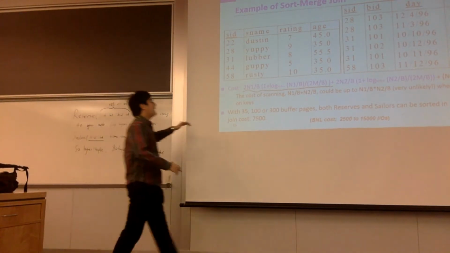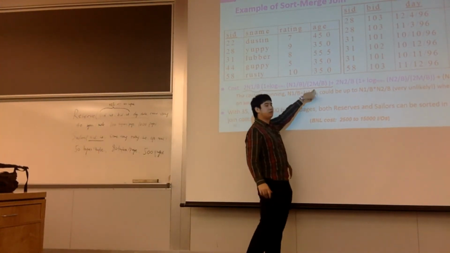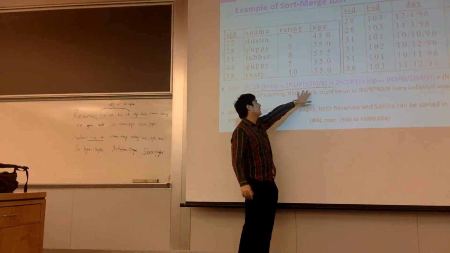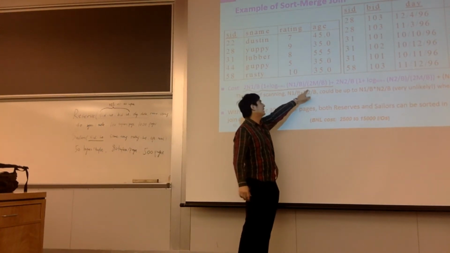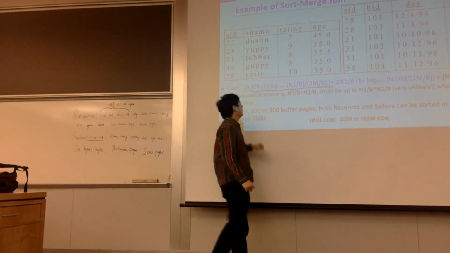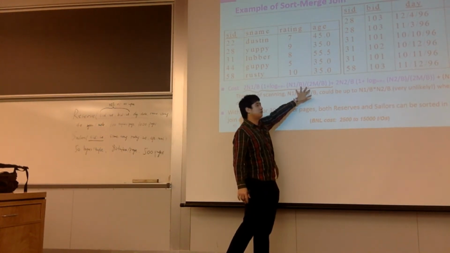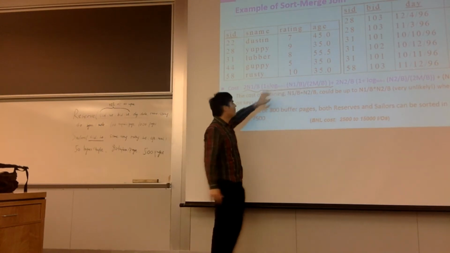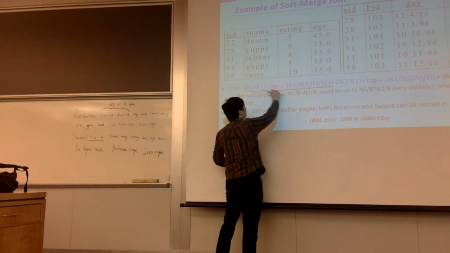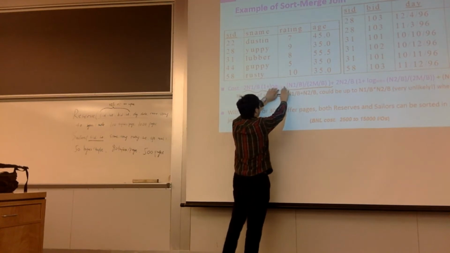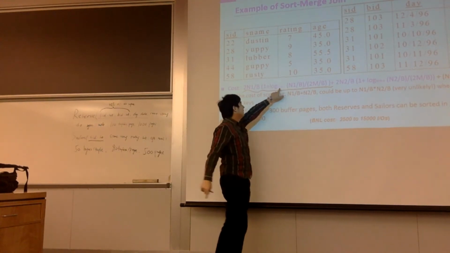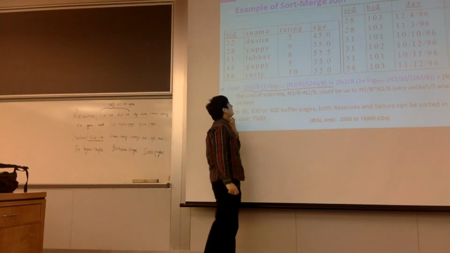So in the first pass, you're using tournament sort, and on average you have a run size of 2m over b, okay? Then this is the number of runs after the first pass on average. Then you take a log factor where your number here is m over b minus 1, right?